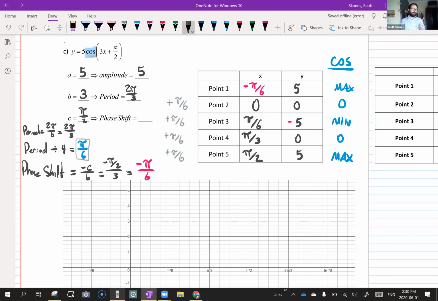Those look like really weird answers, but this is just 2 pi over 6, which simplifies down to pi over 3. And this is 3 pi over 6, which simplifies down to pi over 2. So even though it looks like it's going through crazy numbers, 6s, 3s, 2s, it's just because that's the simplified version. You can always make them bigger, but it's always nice to make them smaller.